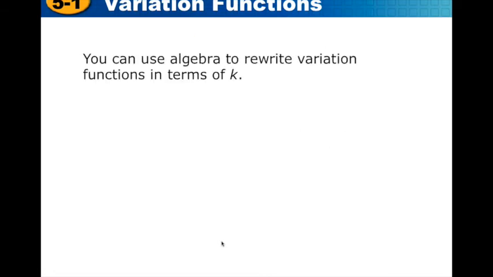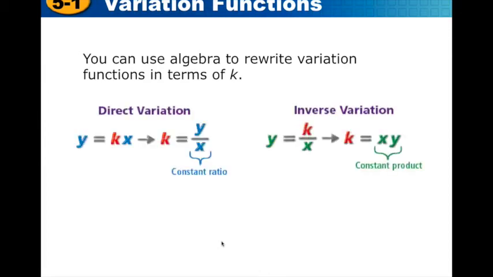Now, you can use algebra to rewrite variation functions in terms of k. So, notice that direct variation meant y equals k times x. And when we ended up solving for k, we had to divide. So in direct variation, the formula itself has multiplication. To solve for k, we end up dividing.